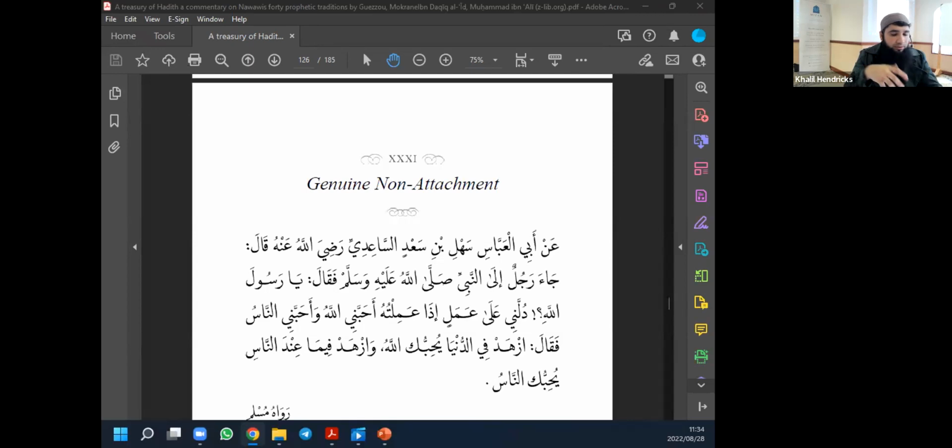Everything will be in order. وَجَعَلَ غِنَاهُ فِي قَلْبِهِ, and Allah will place his wealth in his heart. وَأَتَتْهُ الدُّنْيَا وَهِيَ رَاغِمَةٌ, the dunya will come to him even if it doesn't want to come to him.